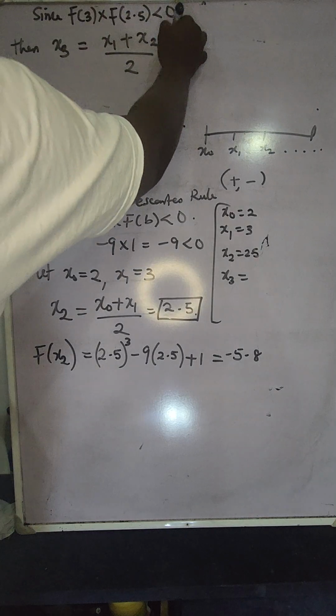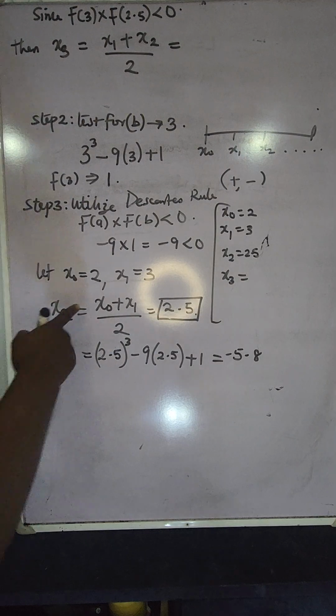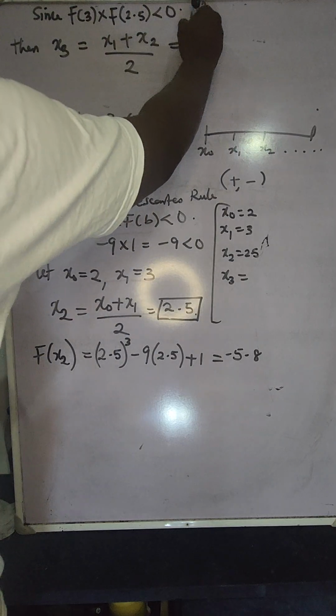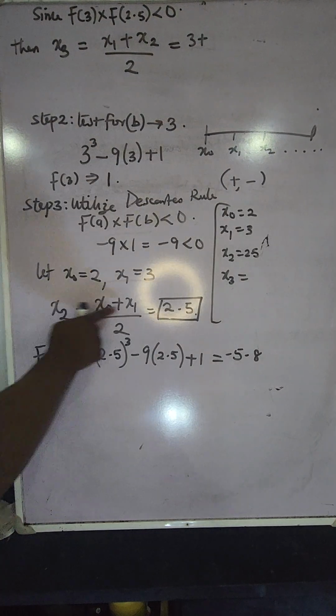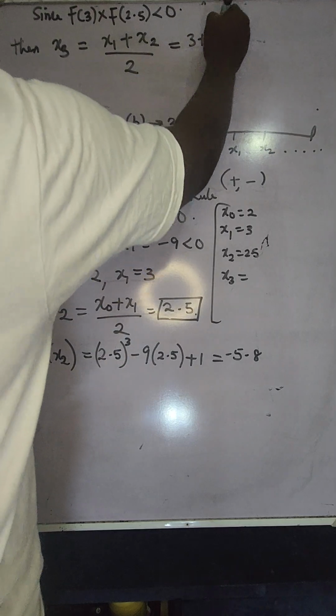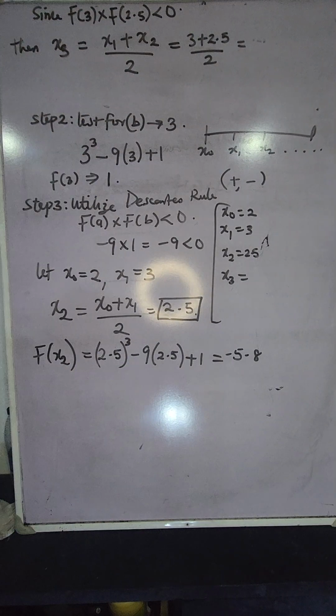So x1, which is 3, when added to x2, which is 2.5, should divide 2. And so 3 plus 2.5 divided by 2, our answer will be 2.75.